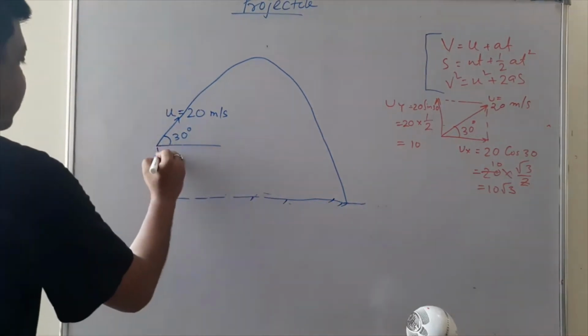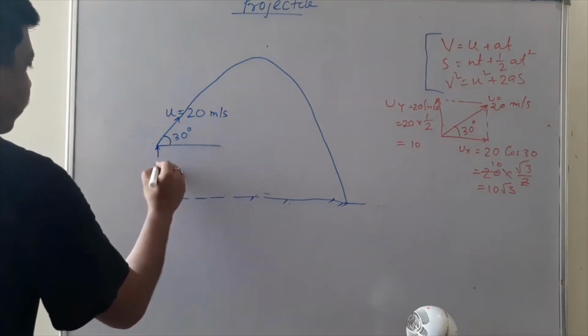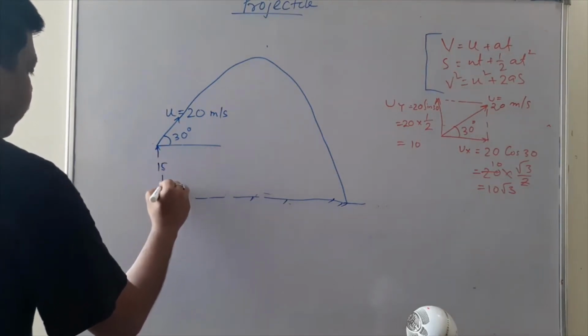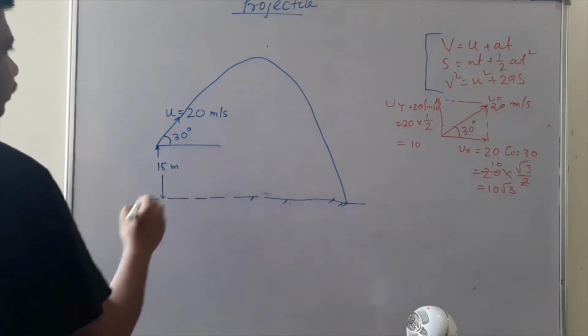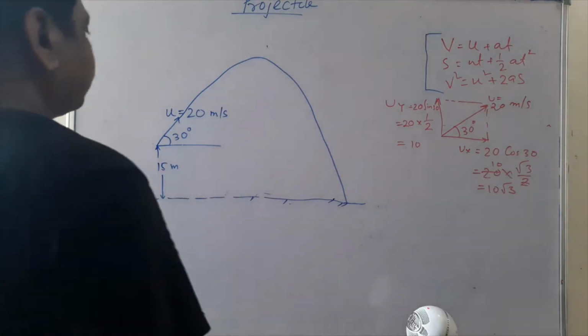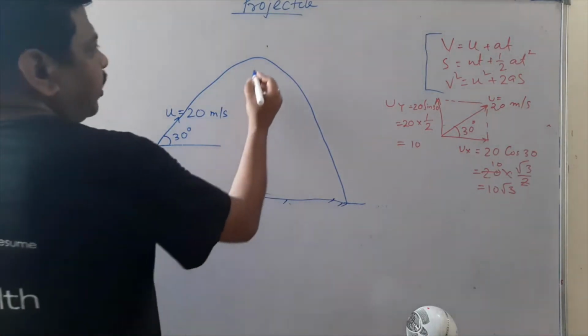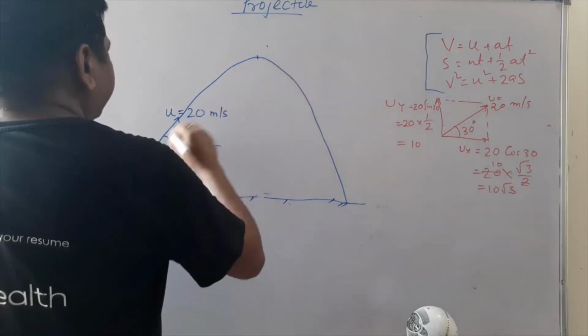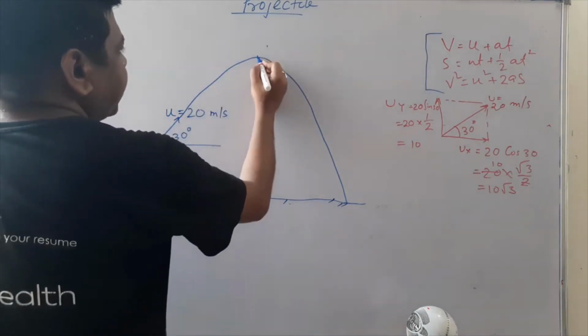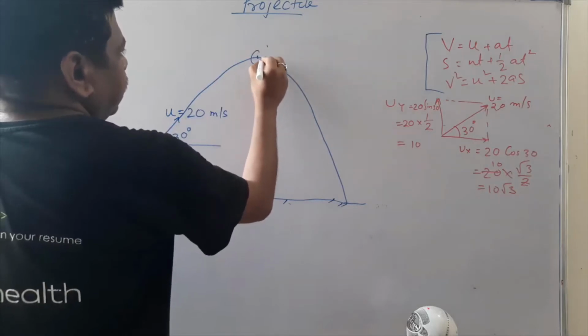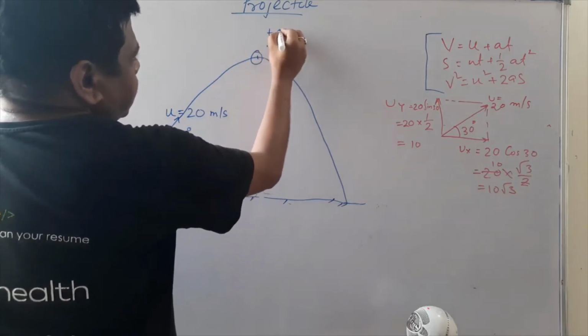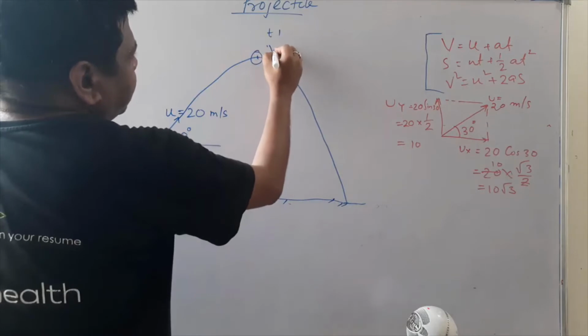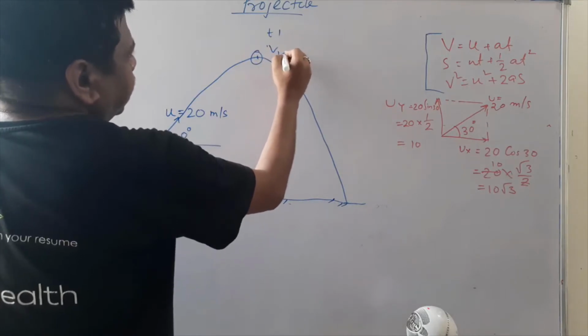And this distance is 15 meters. Now we have to find out the time taken to reach this peak, it's t1, and the velocity at this point.